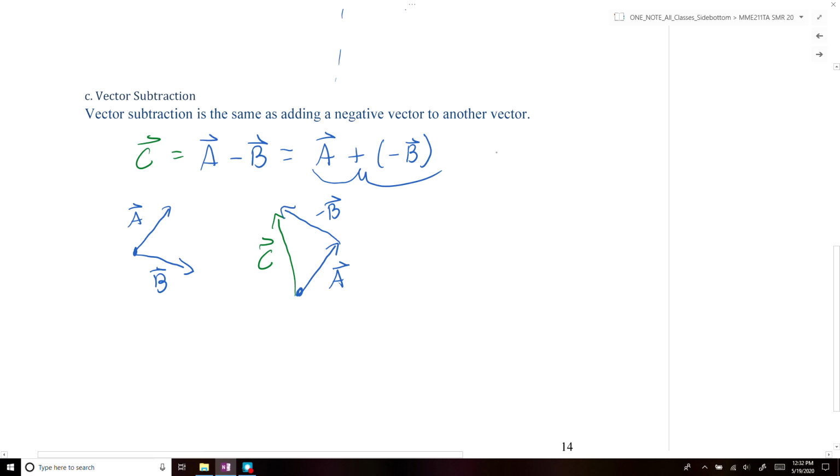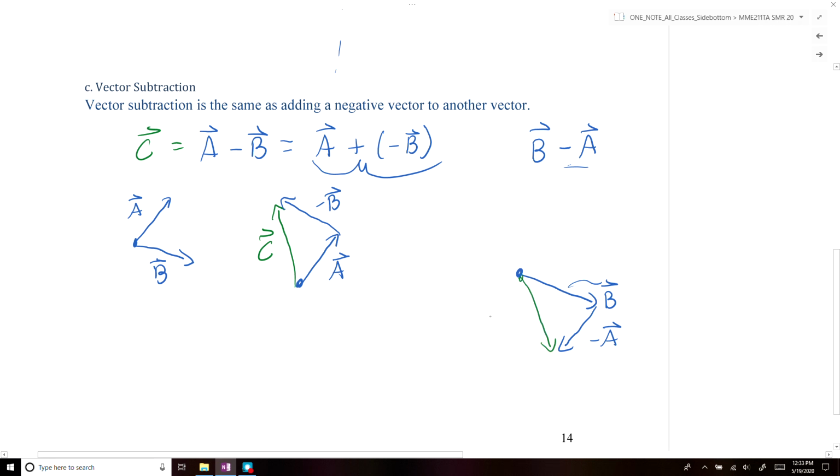So just to show you, we're going to now look at what it would look like if you subtracted vector A from vector B. So we would first draw vector B, and then we would draw negative vector A, and then we would draw our resultant vector from the tail of vector B to the tip of vector A. And that would be our resultant vector, which I'm going to call vector D here.